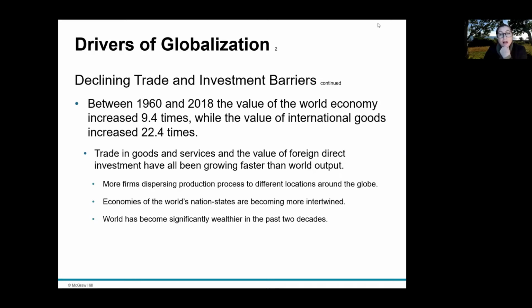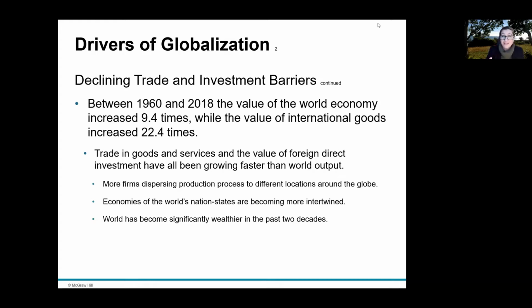More firms are putting production processes in different locations around the globe, which means the economies of nation states are becoming more interdependent. The outcome is that the world has become significantly wealthier in the past 20 years.